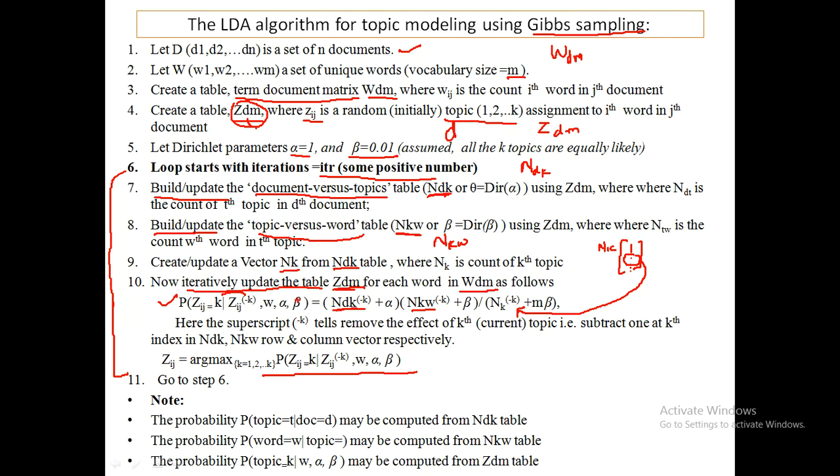Once ZDM is updated, again the tables NDK and NKW will be updated like that. So this is the way we model the topic. Having the modeling, we can answer the following questions: what is the probability of topic given document? What is the probability of word given a topic? Or what is the probability of topic given words and alpha and beta? So these are the various questions we can answer.